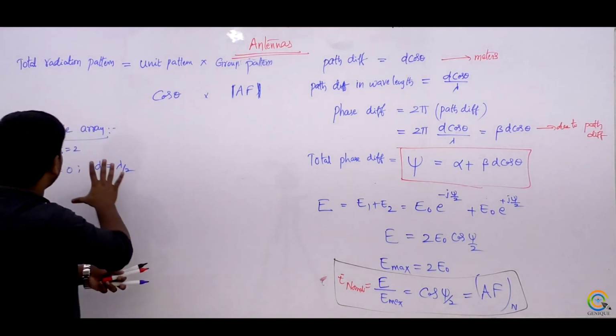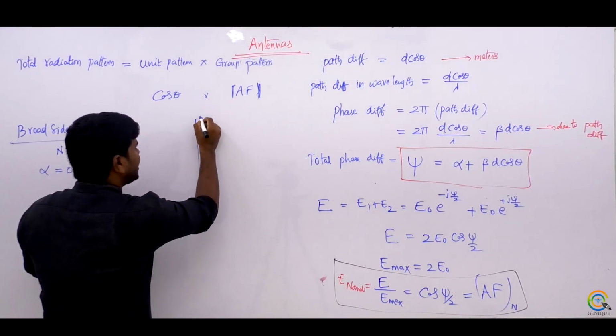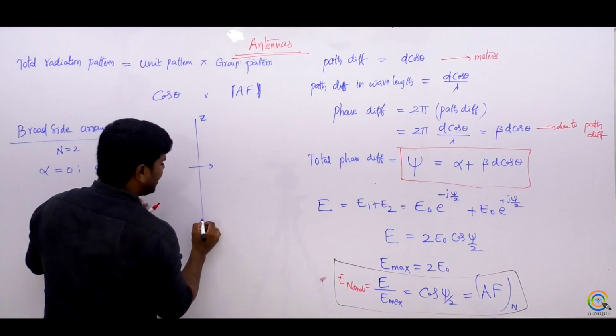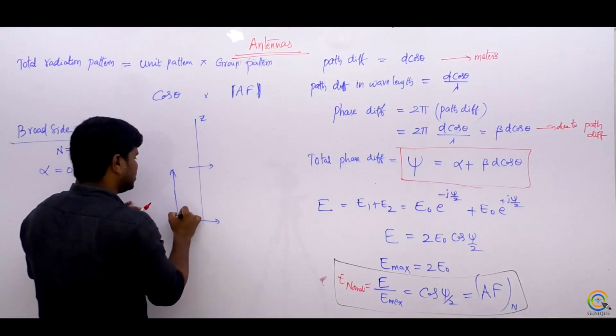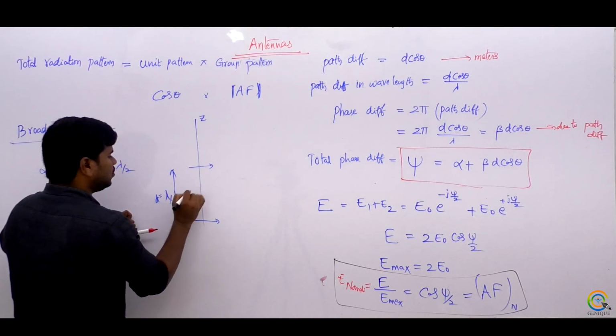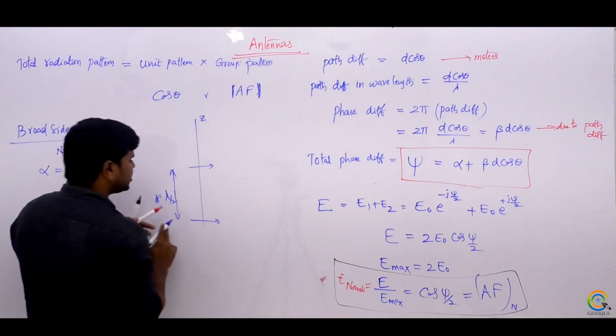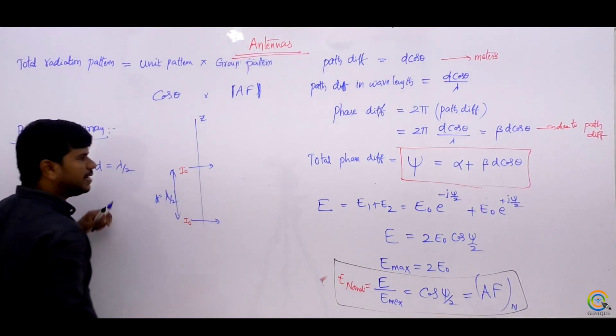What is the meaning of this? Broadside array means if you take the z-axis here, this is one element and this is another element, and the distance between these two is d equals lambda by 2. It is also excited by the element I0.